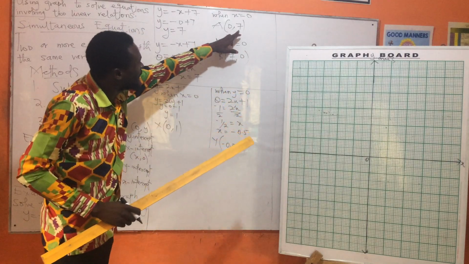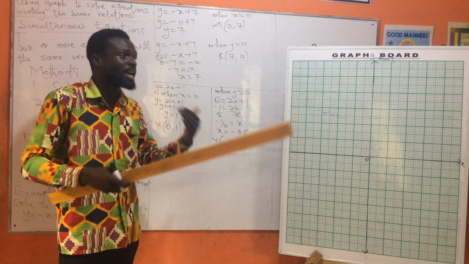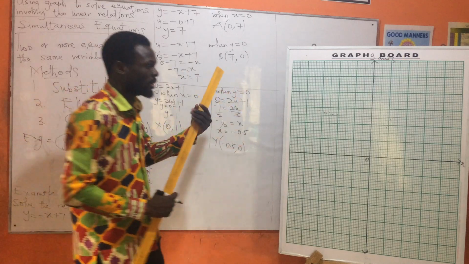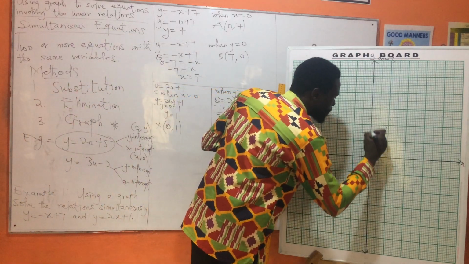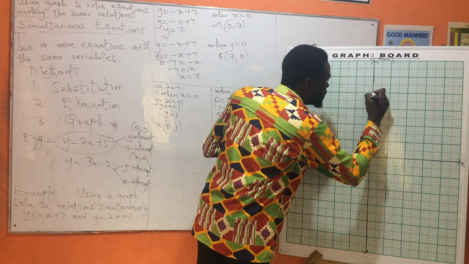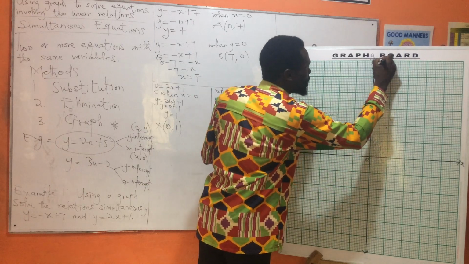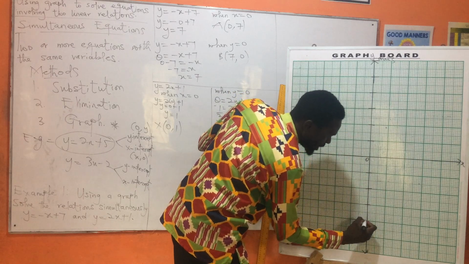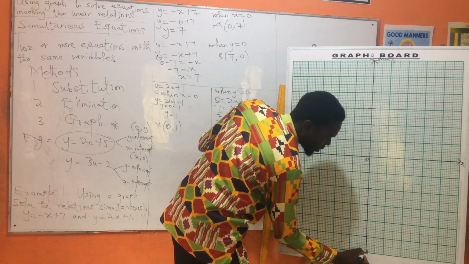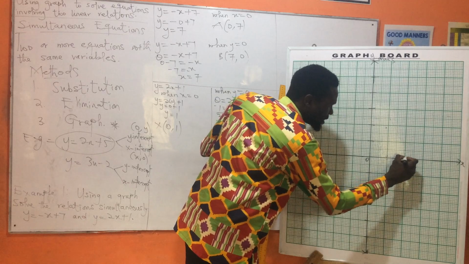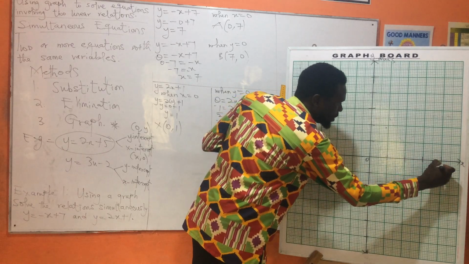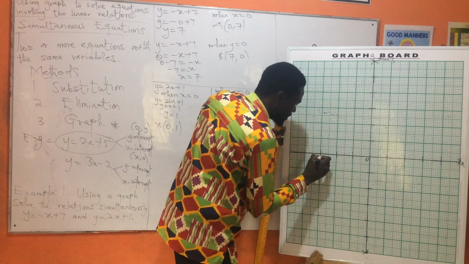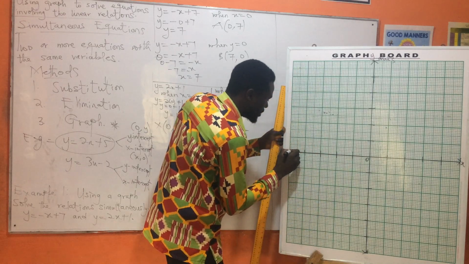Now, looking at the numbers that we have, it will be safe for us to use 2 centimeters to 2 units on both axes. From one thick line to the next thick line gives you 2 centimeters.